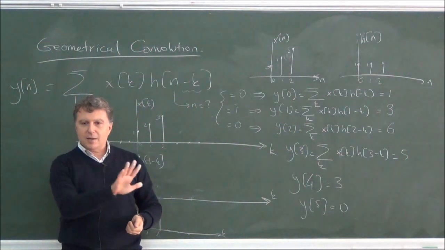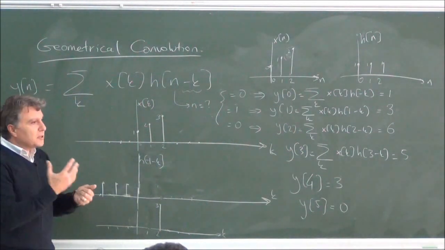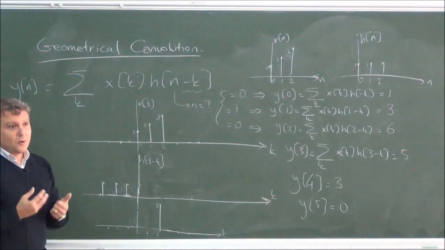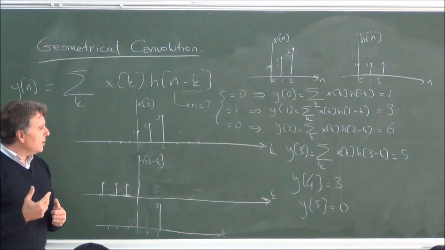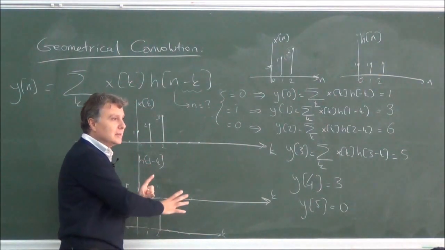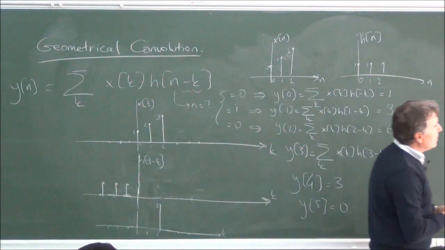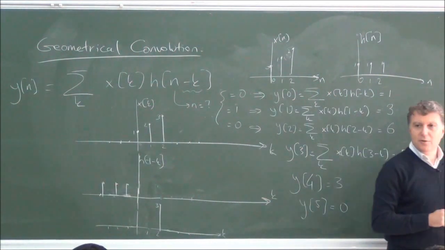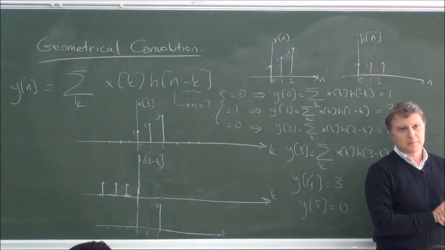This flipping around and sliding convolution is the geometrical or graphical way of performing convolution. And people just remember this convolution method more than the meaning of it. What was the meaning of it? It was the response to linear and time invariant systems.